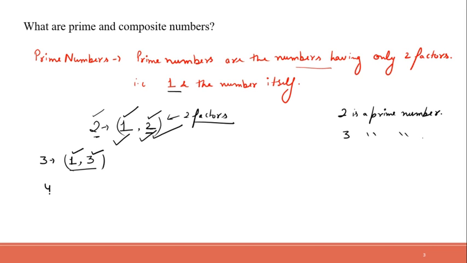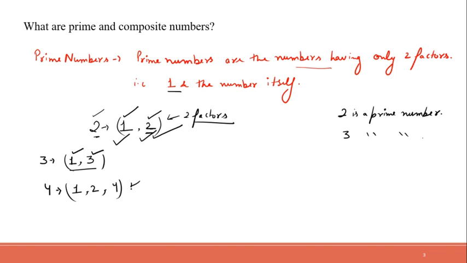Okay, now let's come to 4. What will be the factors of 4? 1 then 2 then 3. If I divide 4 by 3, I'll get a remainder of 1. So 3 will not be a factor. Then 4 itself.